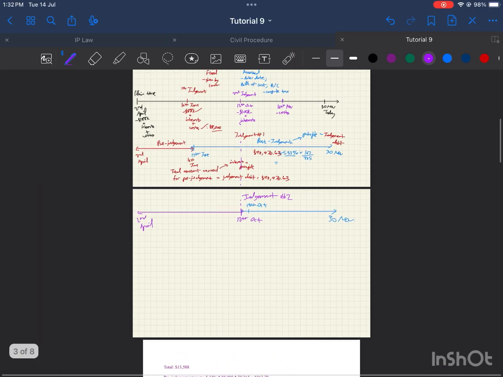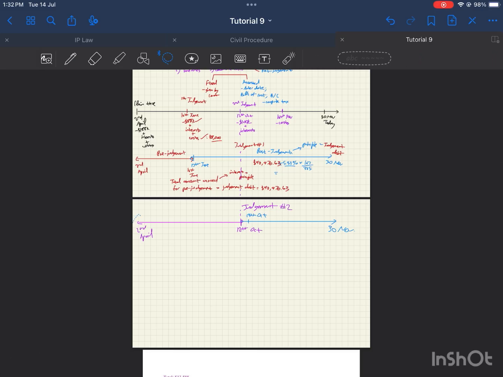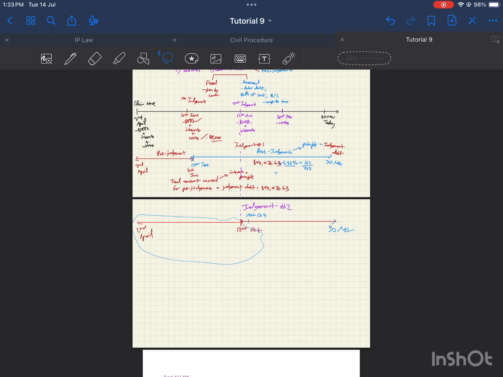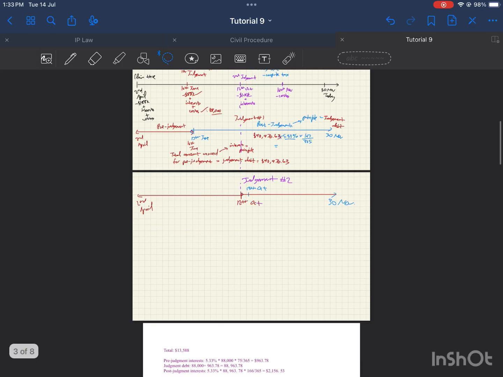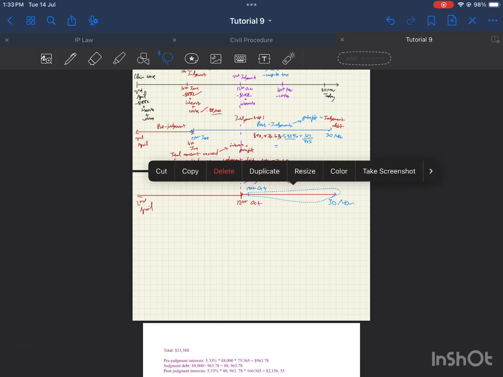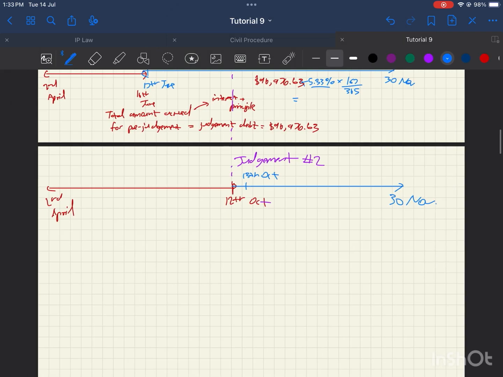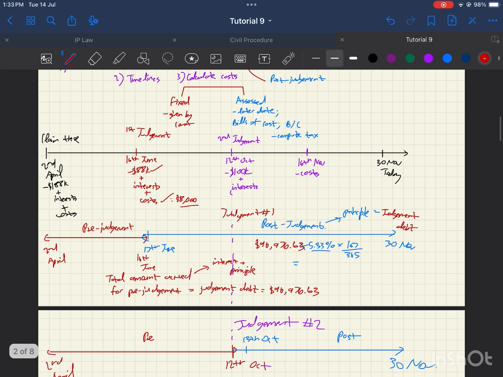Remember, pre-judgment is red and post-judgment is blue, because after you realize how much money you owe after the judgment, you are in the blues, right? So this is post once again, and this is pre. Because the money was awarded on 12th October of 100K, and this shall be deemed as the principal.